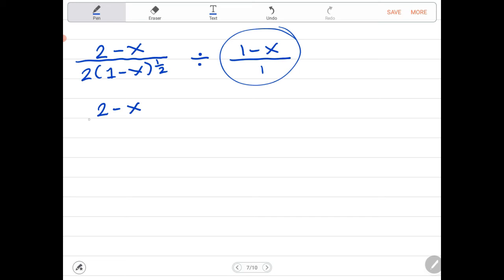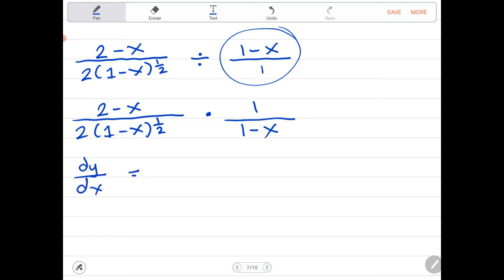We have 2 minus x all over 2 times 1 minus x raised to 1 half times 1 all over 1 minus x. So numerator multiply by numerator, then denominator multiply by denominator. We have, for the numerator, this is the first derivative. Derivative of y with respect to x. So that is 2 minus x all over 2 times 1 minus x raised to 1 half times 1 minus x.